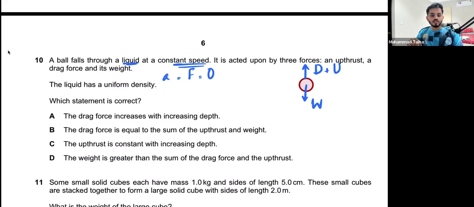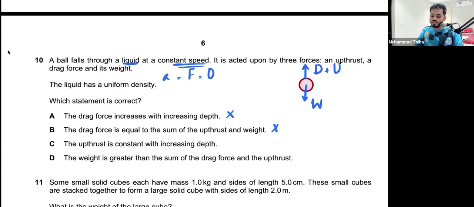The drag force increases with increasing depth. This statement is not correct, it's drag plus upthrust equals weight. The upthrust is constant with increasing depth. Is this true?